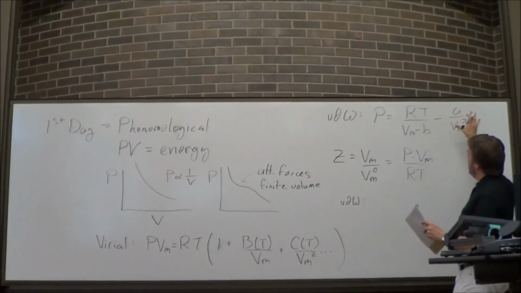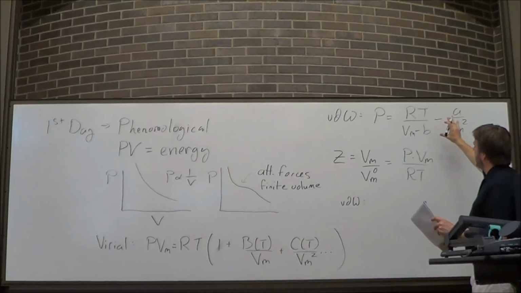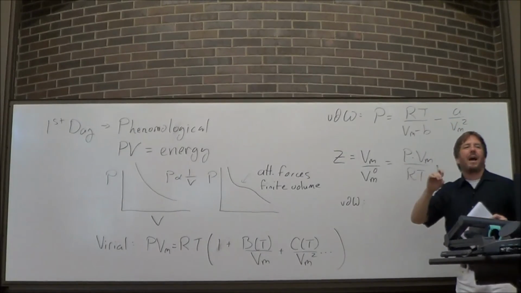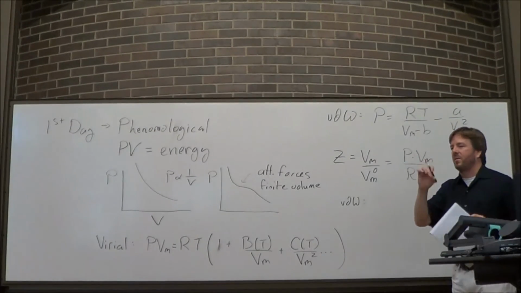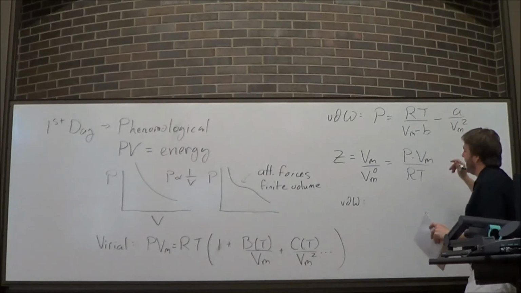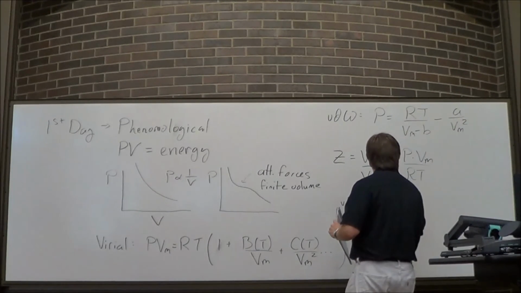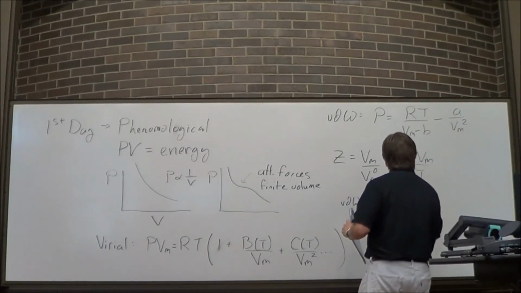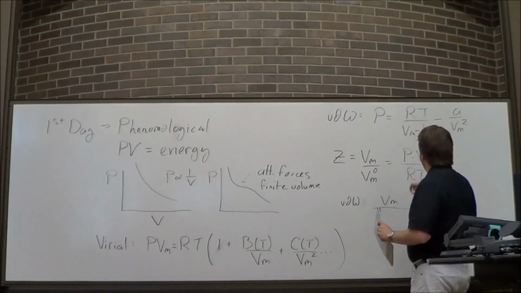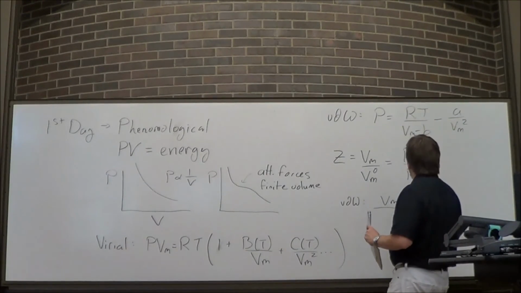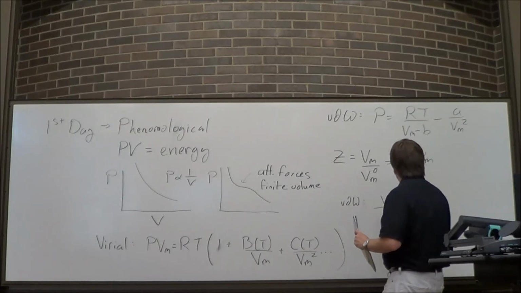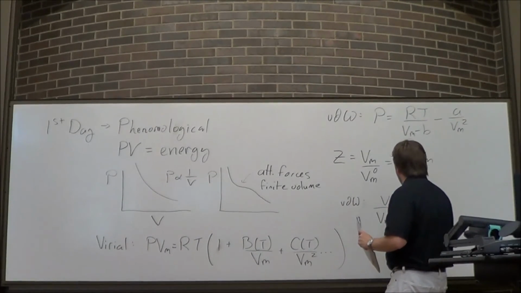What I can do is just multiply all of this by Vm over RT. I think when I did it in class, just so your notes aren't screwed up, I used the Berthelot equation, which is divided by T here. So I'll do van der Waals, which leaves me Vm, so again, I'm just multiplying this thing by Vm over RT. And so the RTs are gone, so it ends up being Vm minus B.